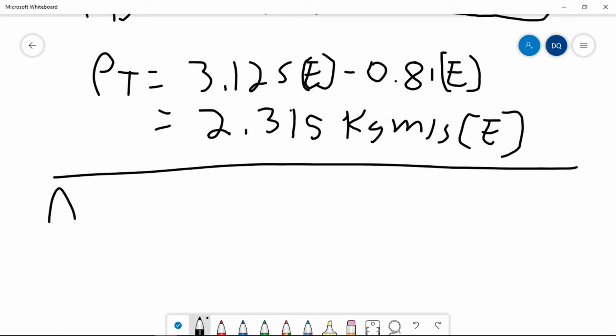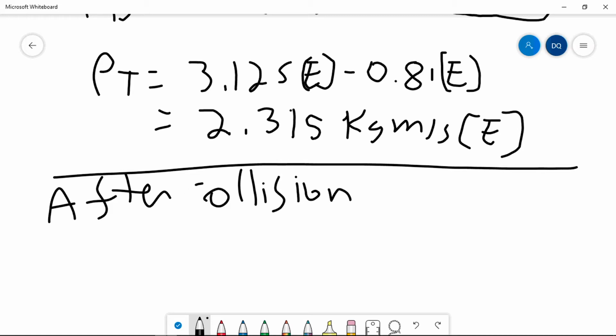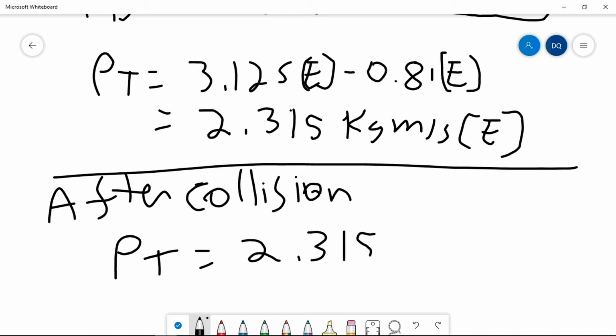After the collision, the total momentum is going to be the same. Momentum is conserved through a collision. That's why it's so useful in these questions.